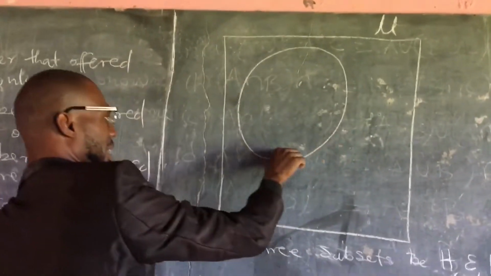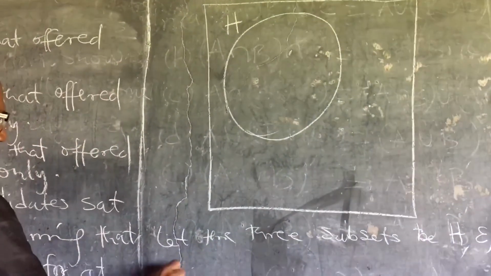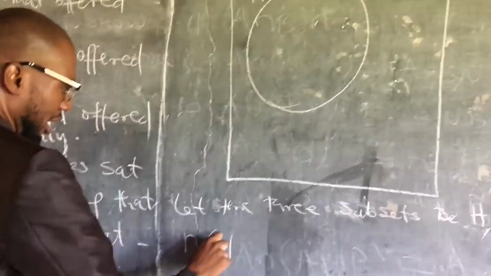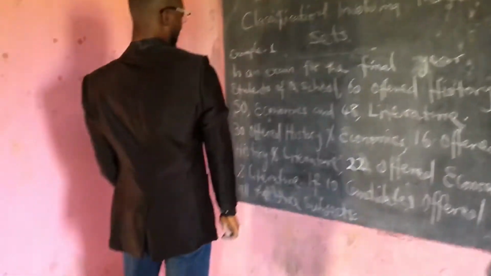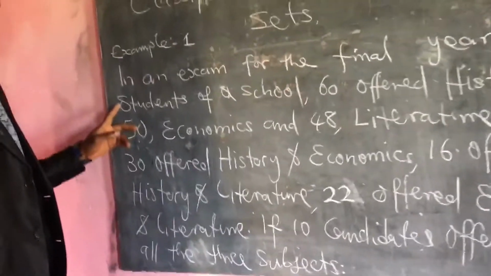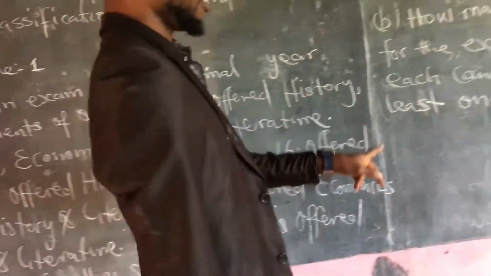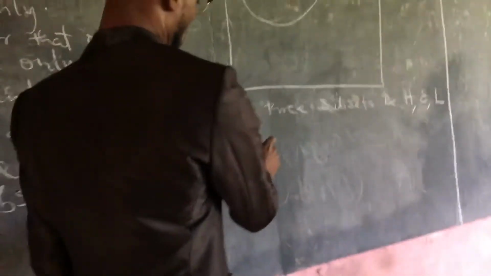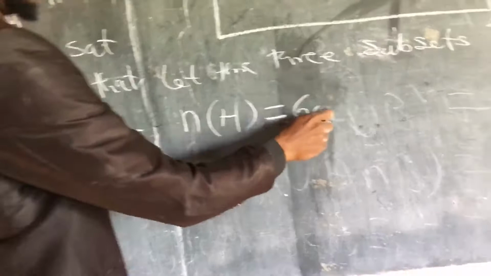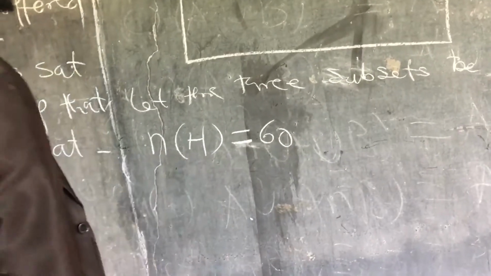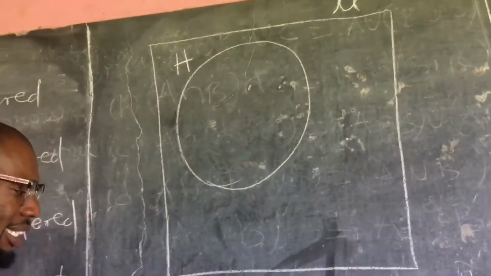This one is our history. And for the question, the cardinality of our H set, they said 60 offered history. So the cardinality of this set is 60. Everything inside this circle is 60.